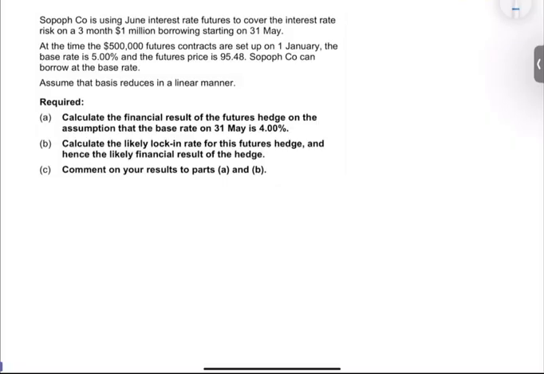If you remember what we used to do, we know that basis will always be equal to spot minus future price. So if you move during the period of your future, like for this one now, if say in May, that's 5 months.